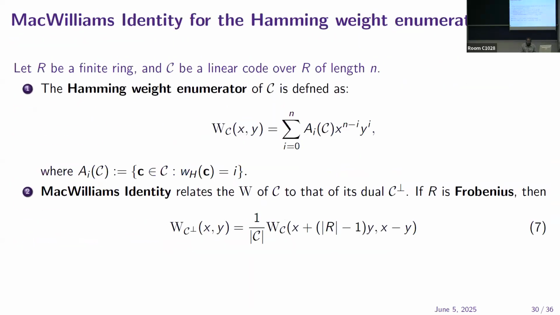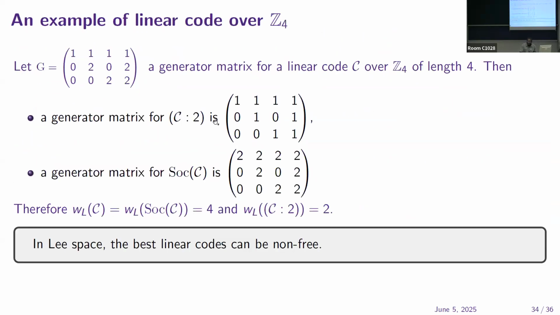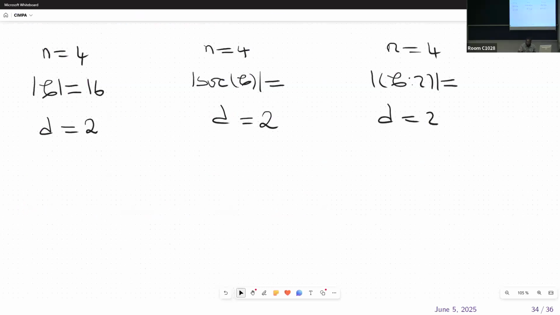Here the rank of this code is 3. The cardinality of this free code is the cardinality of the alphabet, that is 4 power 3.